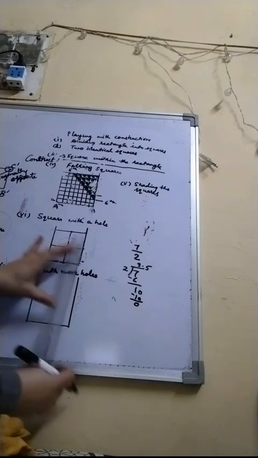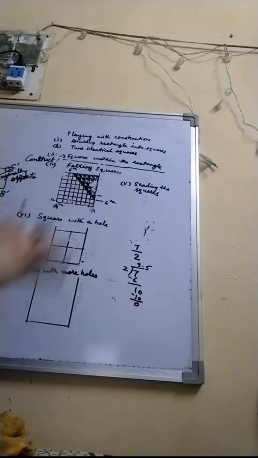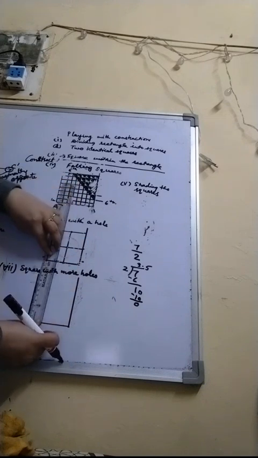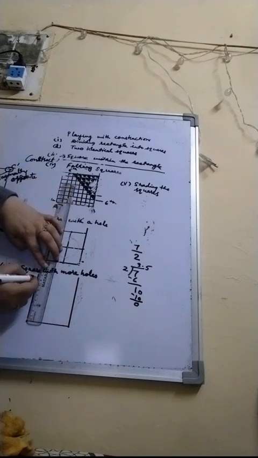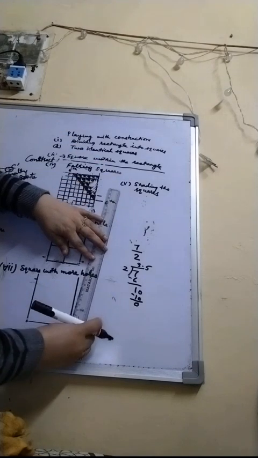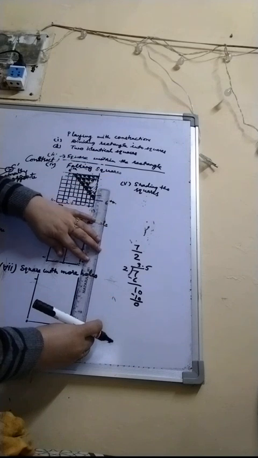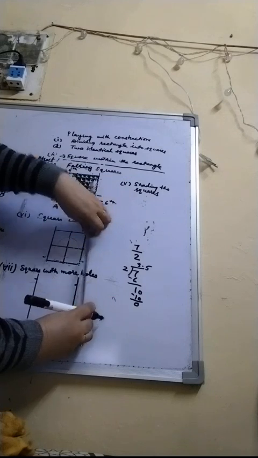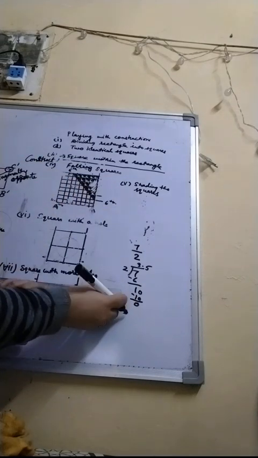Draw the line. Now with the ruler, mark the point at 8 centimeter. So you mark the point at 8 centimeter here and 8 centimeter here. So you get a square.